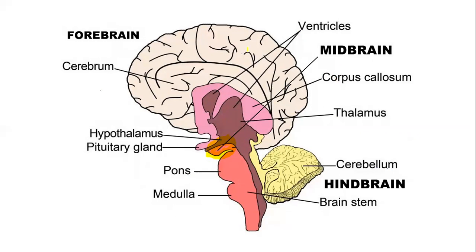Then the thalamus here. Then the hypothalamus. Then the pituitary gland. Then you have the pons, medulla oblongata, brainstem, and cerebellum. So you can see how the brain is very easy to understand, and very easy to get how things flow on that side.